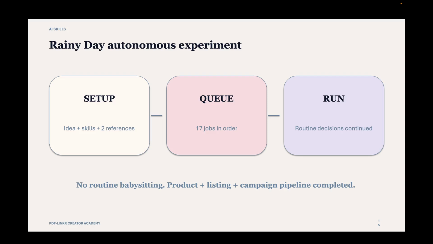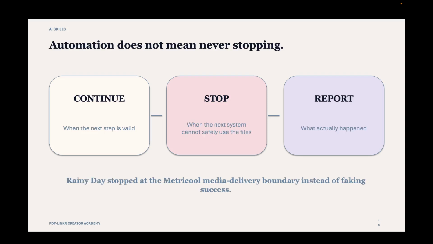I set up all the idea and the skills and two reference images, and then I just had it make the text file for me to run through PromptRunnr, and then I just let PromptRunnr do it, and I didn't have to babysit it at all. That's when I was building all kinds of skills yesterday that was running. But it created the product, the listing, and the whole campaign promotion all for me.